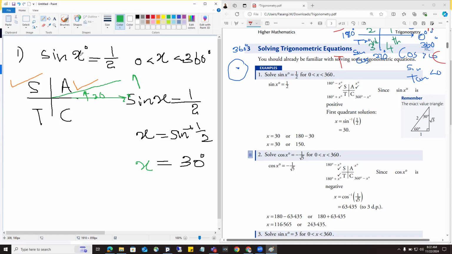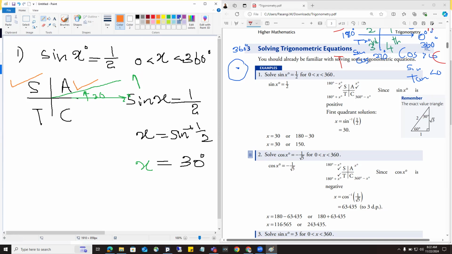But this x can lie in the second quadrant as well. How are we going to find out that angle? So this is the standard angle.